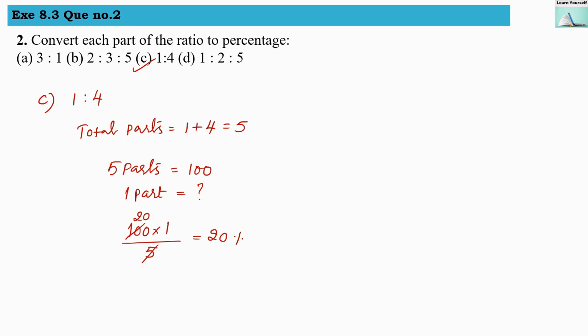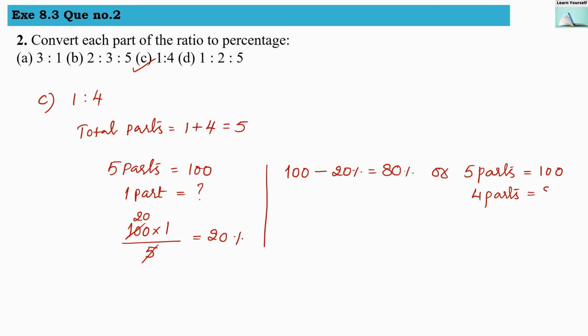Now let us find out for the second, or we can do that 100 minus 20% will give us the percentage for the 4 parts, and that is 80%. Or we can follow the unitary method again, that 5 parts are 100%. Then for 4 parts, what will be the percentage?